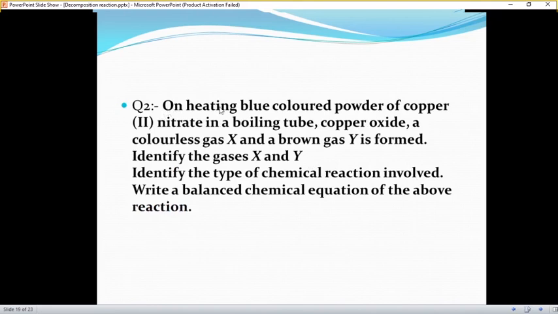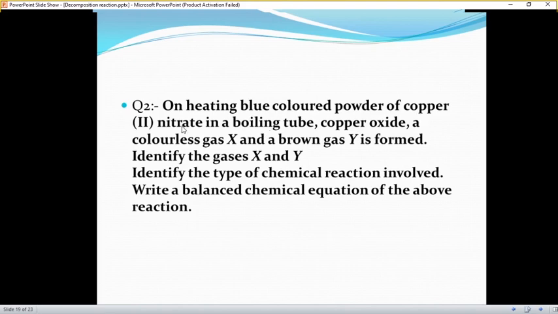Next question. On heating blue colored powder of copper nitrate in a boiling tube, copper oxide, a colorless gas X, and a brown gas Y are formed. Now you must remember that Y, which is giving brown fumes, might be NO2 gas. Since it is copper nitrate and it is heated, it is breaking down. So on heating something breaks down, that means it is a thermal decomposition.